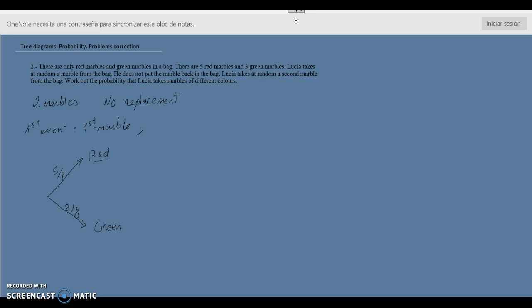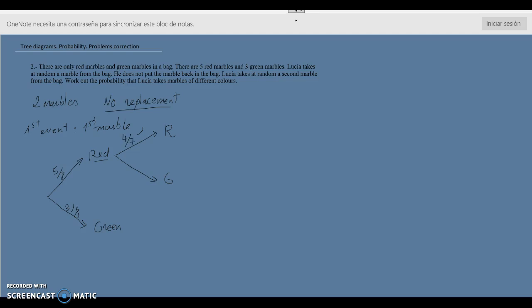Okay, now we are supposing that she takes a red marble and she's going to take the second marble. So we have again two options for the two colors that we have. Okay, so red and green. The probabilities, if there is no replacement, okay, now red there is one less, 4, and the total is 7 now.